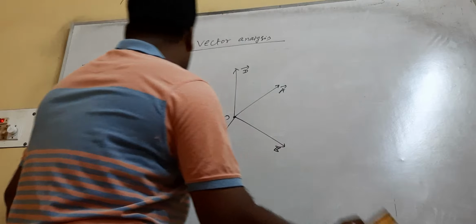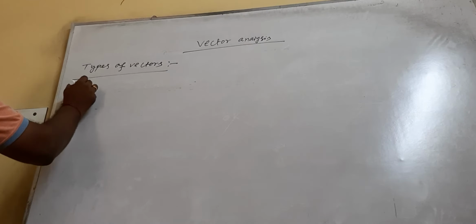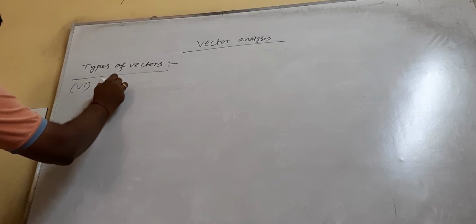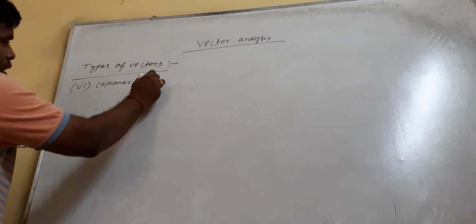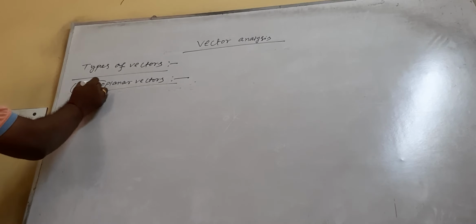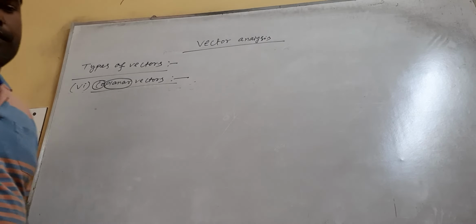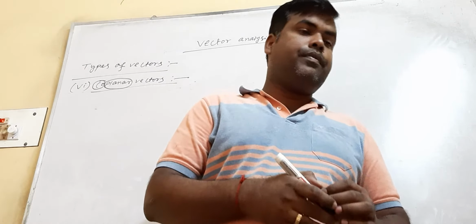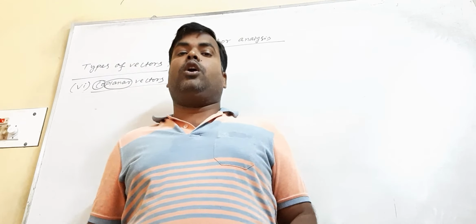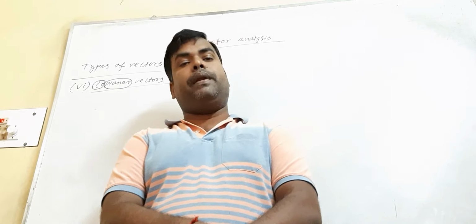Now come to coplanar vectors. Co means common, planar means plane. Vectors are said to be coplanar if they act along the same plane, or they lie in the same plane.